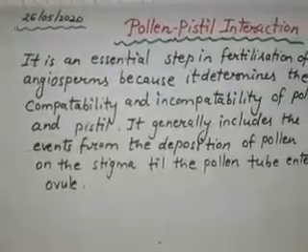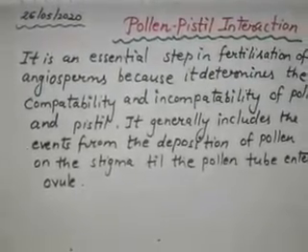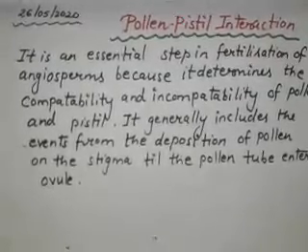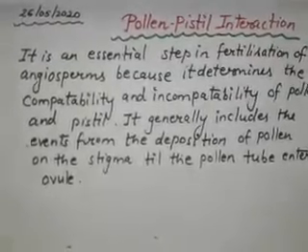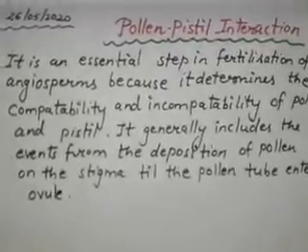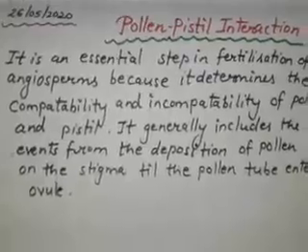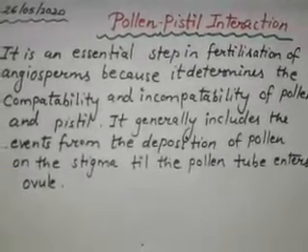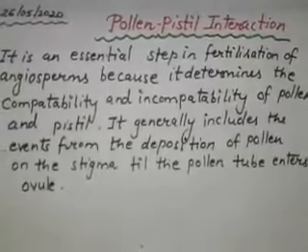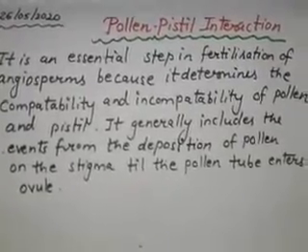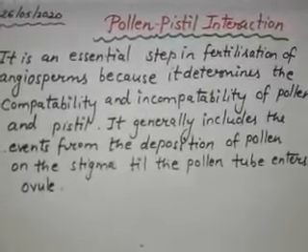Students, in the previous class we studied how pollen falls onto the stigma and does pollination. Our first topic is pollen-pistil interaction. It is an essential step in fertilization of angiosperms because it determines the compatibility and incompatibility of pollen and pistil.